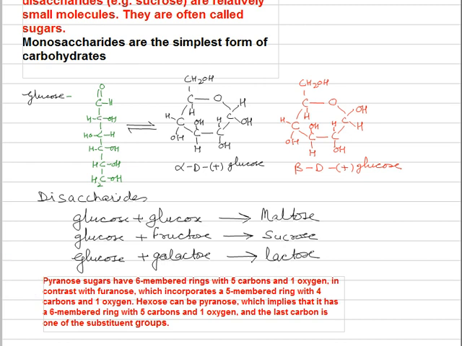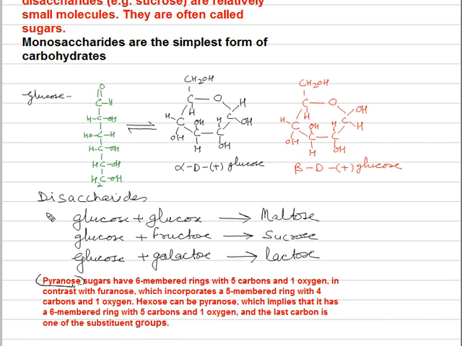Before really going into these disaccharides of hexoses, we must know that glucose or these hexoses can exist in two forms. One is called pyranose form and the second is called furanose form. This is pyranose.